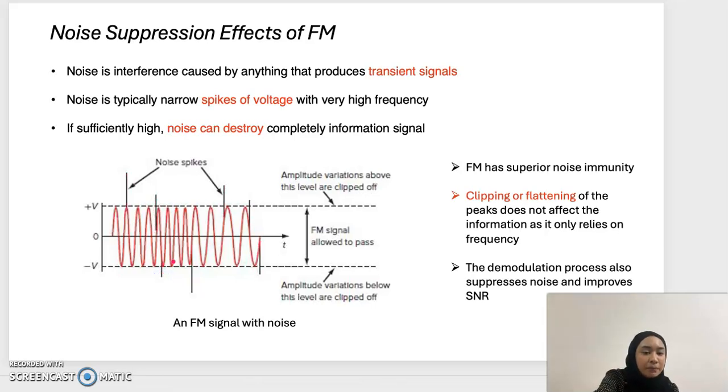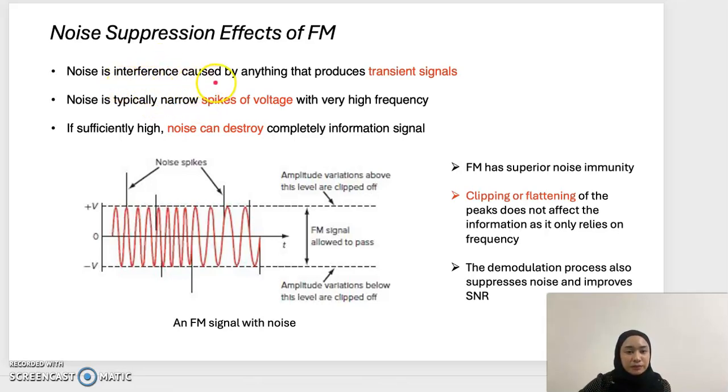So FM is very immune to noise actually because of this, because the noise actually extends beyond the constant amplitude, right? Which means that you can easily cut it off. So when you can cut it off, you will get your good FM signal again. So that is why FM is superior compared to AM in terms of noise suppression.